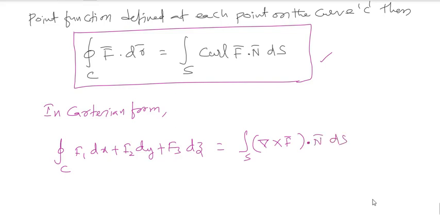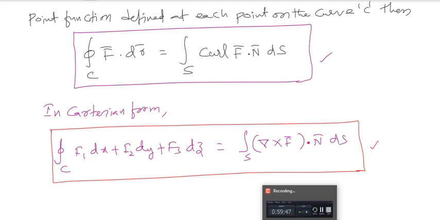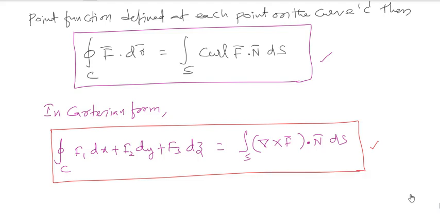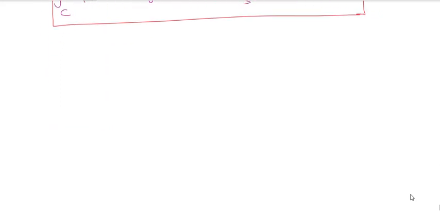So this is in Cartesian form. These are the parts you have to keep in mind. These are the theorems, and based upon them you will calculate the problems. Let me take a problem based upon this, so that you will have an idea.